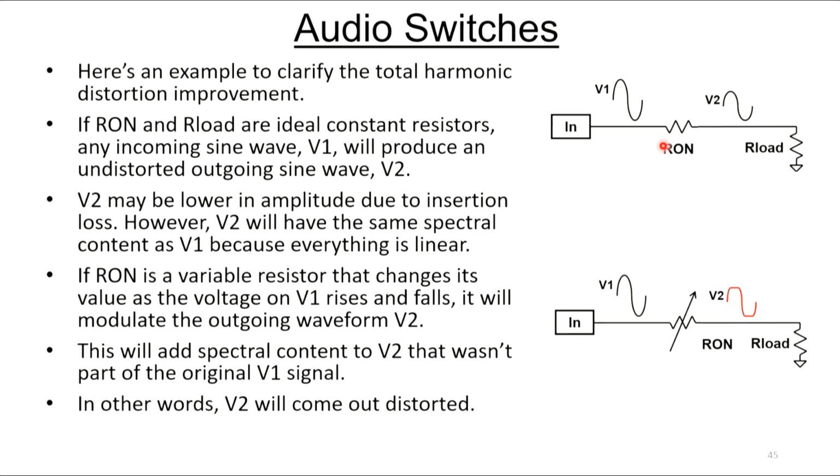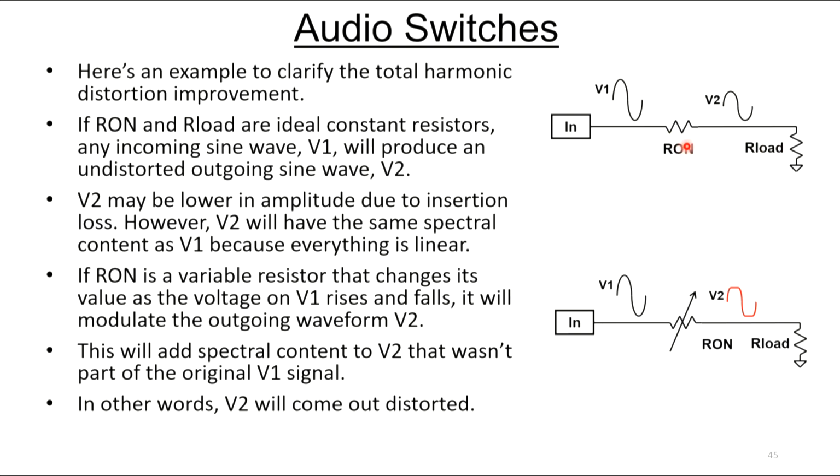If you had a switch, as we show up on top here, where the resistance of the switch and the resistance of the load were all fixed, they didn't move at all, and you put some sine wave in here, you're going to get another sine wave out the right side. It might be lower in amplitude due to insertion loss, but since everything is linear, the spectral content of these sine waves is going to be the same.